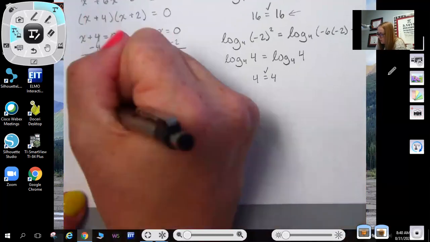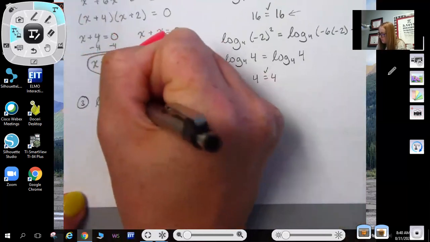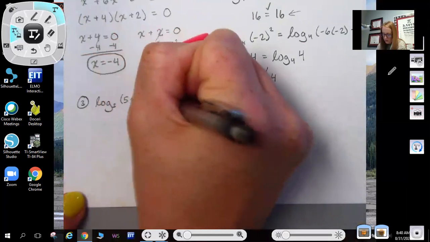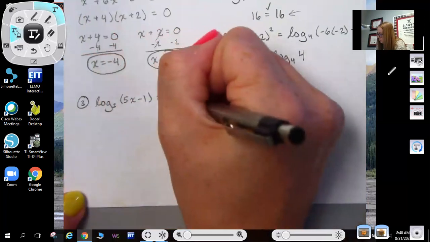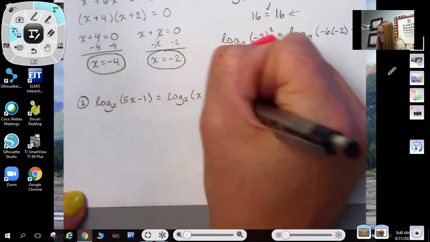Example 3. Log base 3 of 5x minus 1 equals log base 3 of x plus 7.